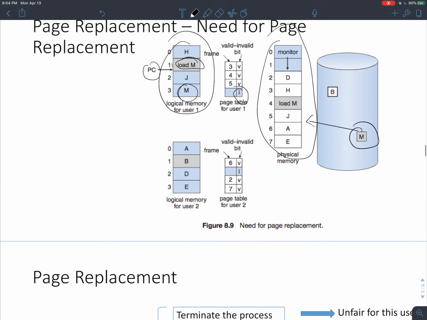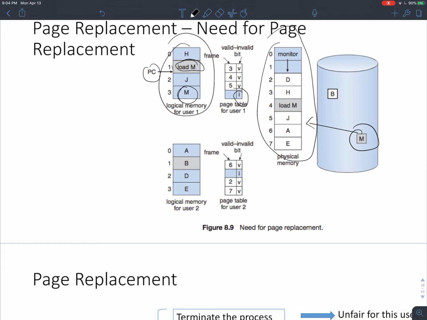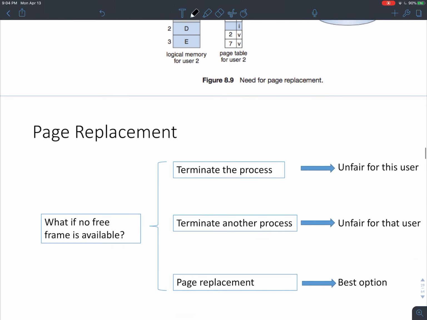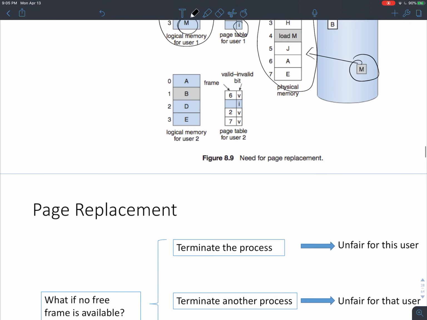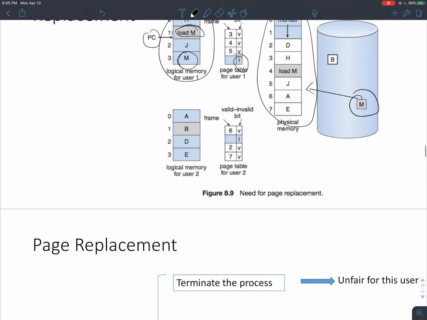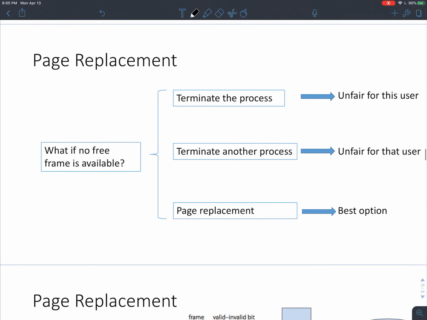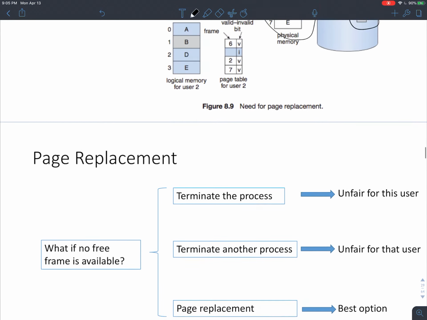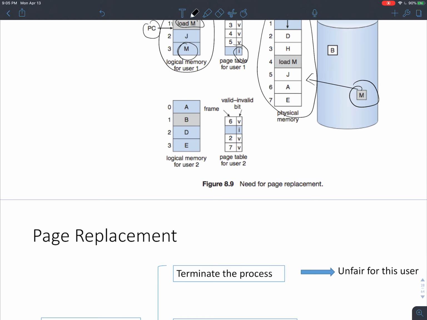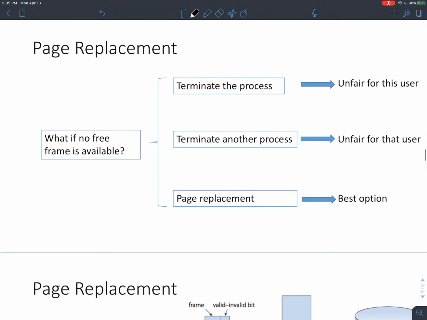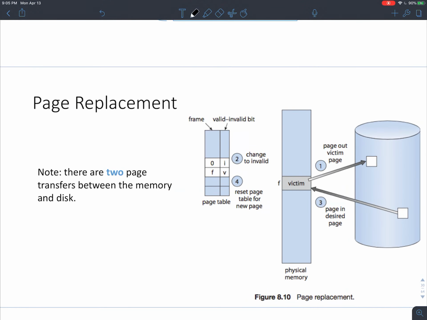But this is not going to be fair to the user behind this process. The other choice is, because the memory space is occupied by multiple processes, to pick some other process and terminate that. Again, it's not fair for the user behind that process. So the best choice is to just do a page replacement, meaning that we kick out one page and bring in a new page.